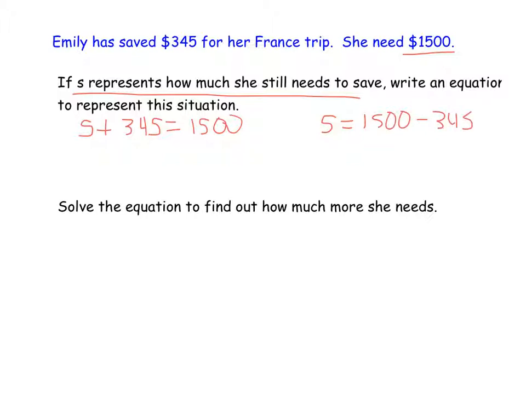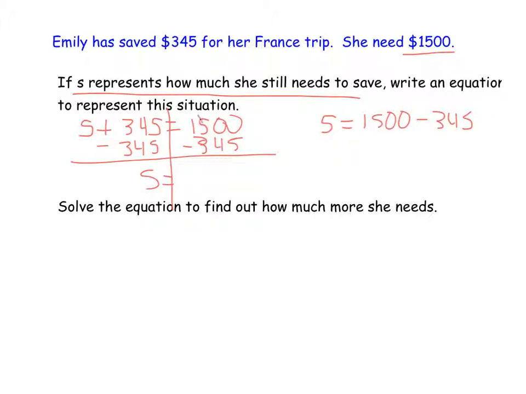Either way would be correct, because if you notice over here, it's adding, so we're going to subtract. And so we really are, in the end, subtracting the $345 from the $1,500.